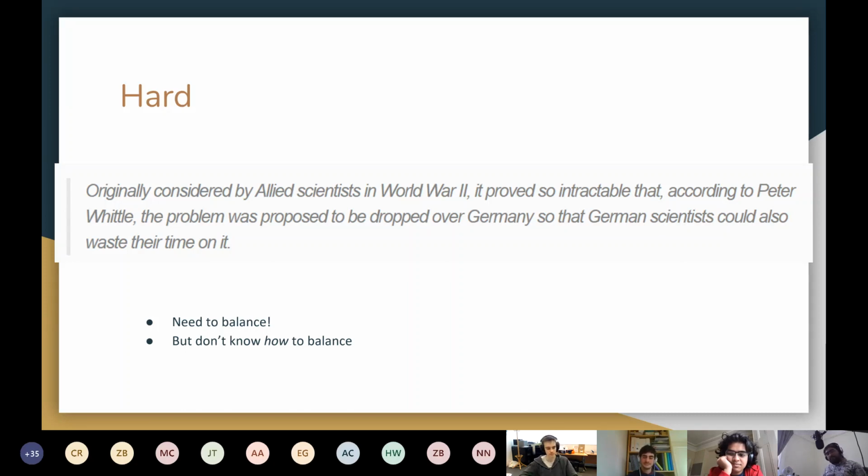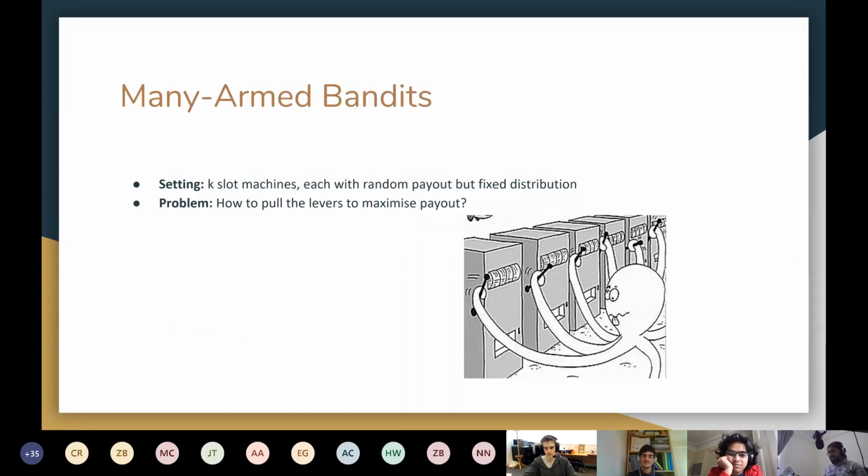So the theoretical framework we use to understand this is called multi-armed bandit problems. That's a typo. So the formal setup of this problem is you have a bunch of, say, slot machines, and the payoff of each slot machine is random, but the distribution is fixed. It doesn't change over time.